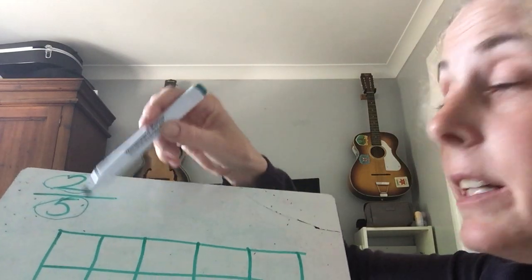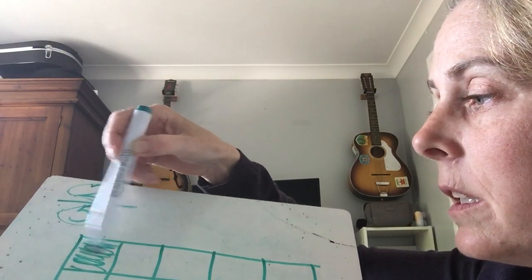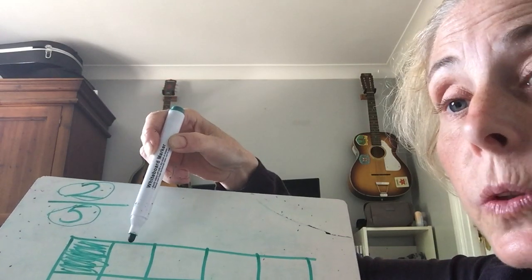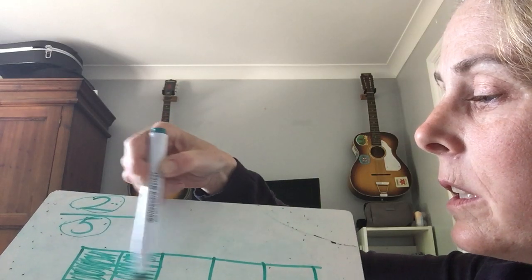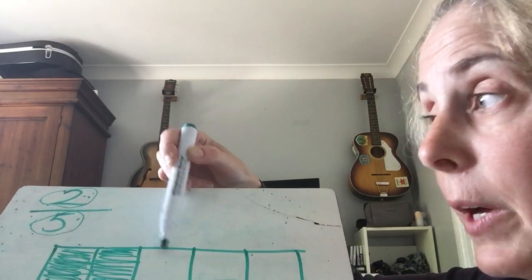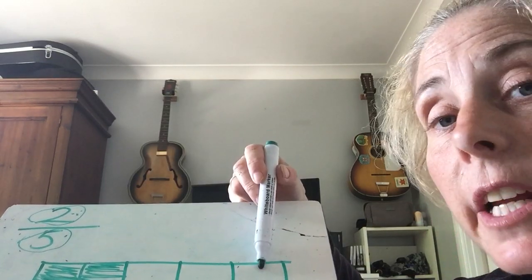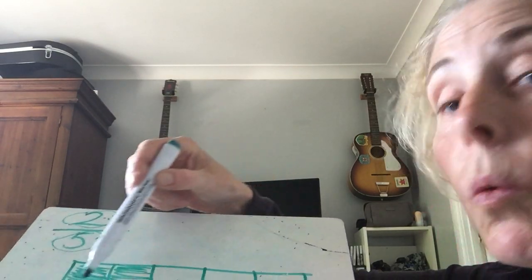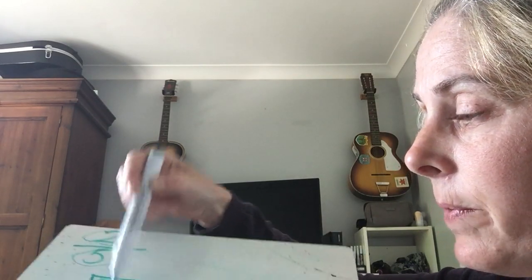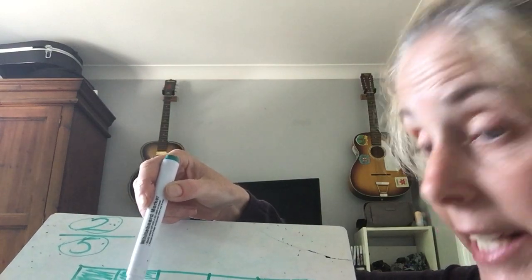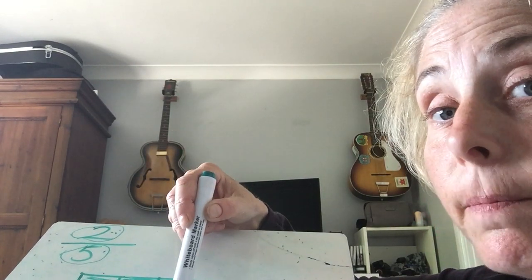Okay, so again I'm going to go 1. Yes, I need to shade 1. 2. Yes, I need to shade 2. 3. No. 4. No. 5. No. 1. Yes. 2. Yes. 3.